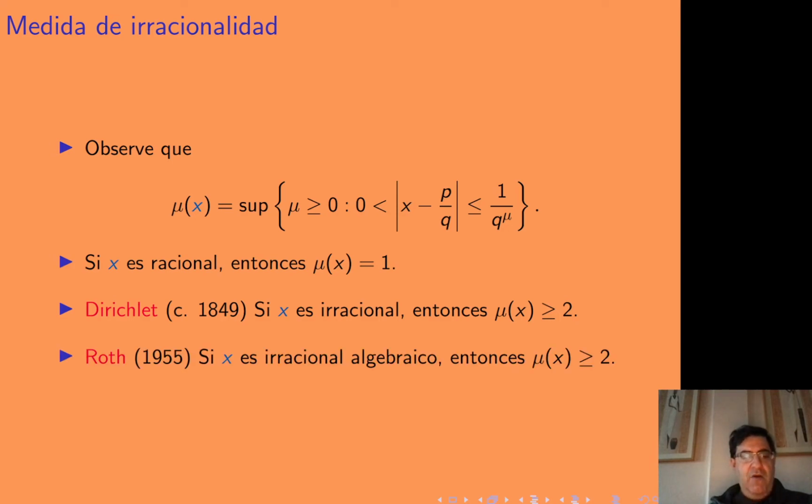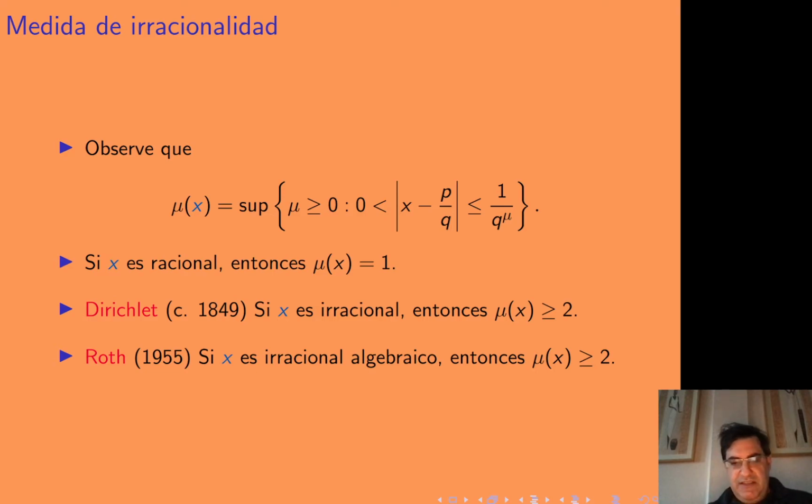Now, Roth proved that if you have an algebraic irrational number, then mu of x is equal to 2. For this result, Roth got the Fields Medal, and it is one of the very nice results about this problem. Hold on, I think in this case there's a mistake.